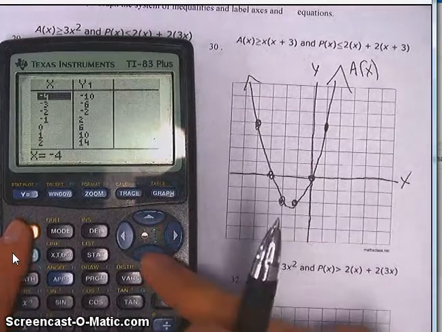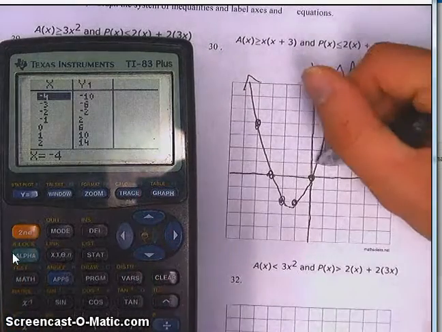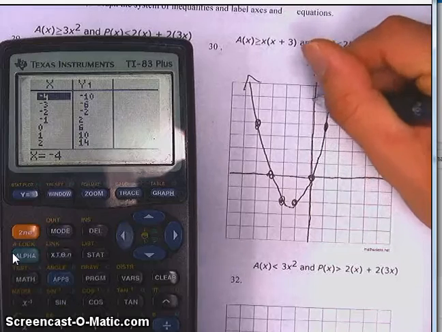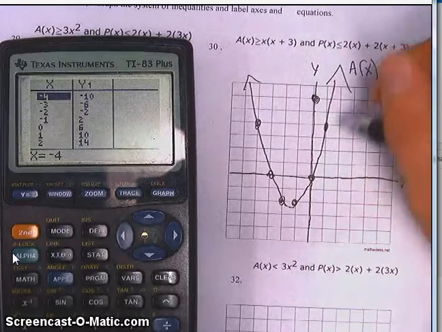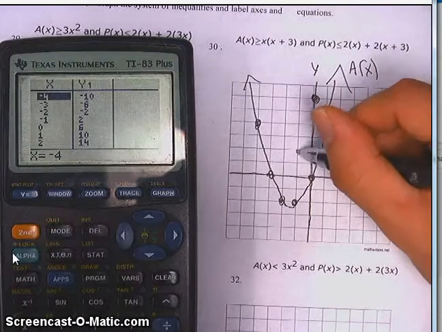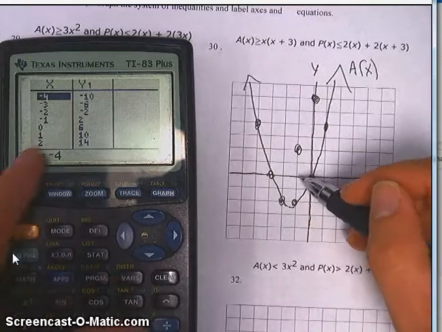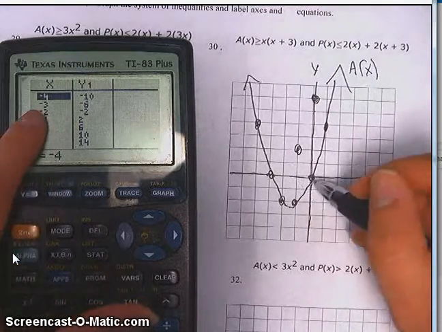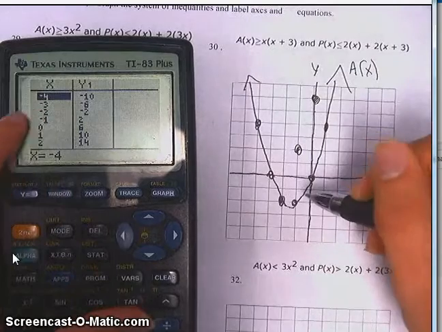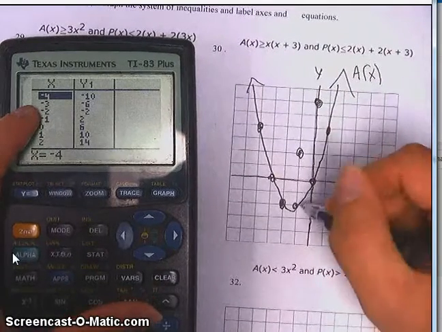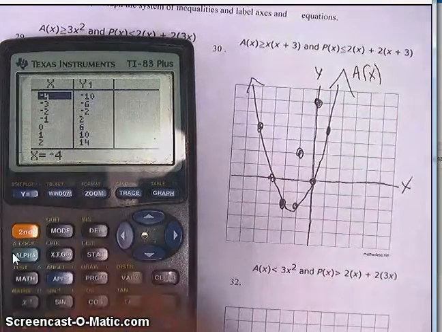Second table, I'm going to graph some points. 0, 6, 1, 2, 3, 4, 5, 6. Negative 1, 2. Negative 2. Negative 2. And negative 3, negative 6. So it looks like I can draw this line in.